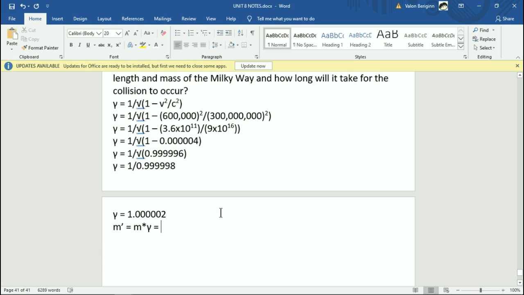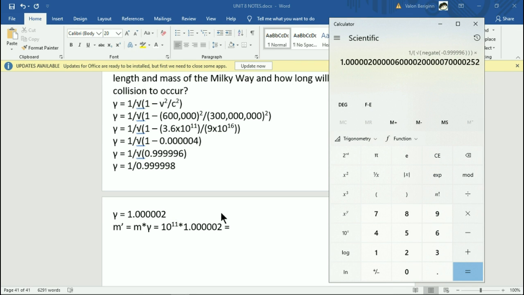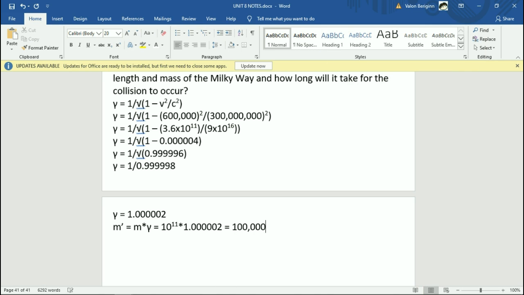So we have 100 billion, which is 10 to the 11, times 1.12345, and you get 100 billion 200,000. In other words, it would appear that the galaxy has an extra mass of 200,000 suns.